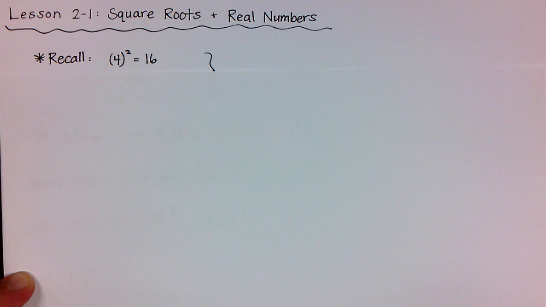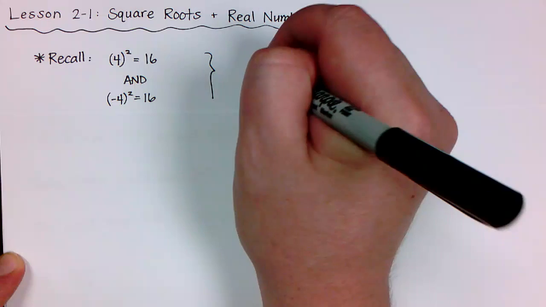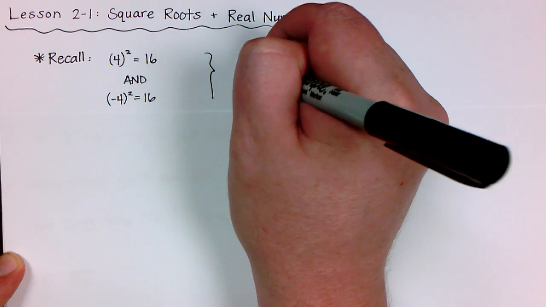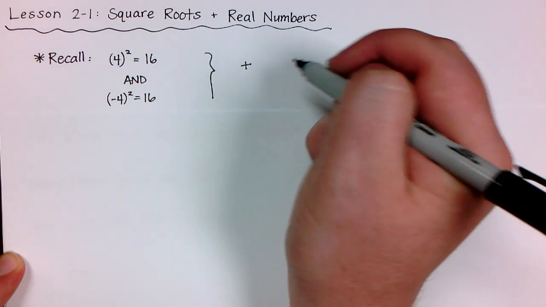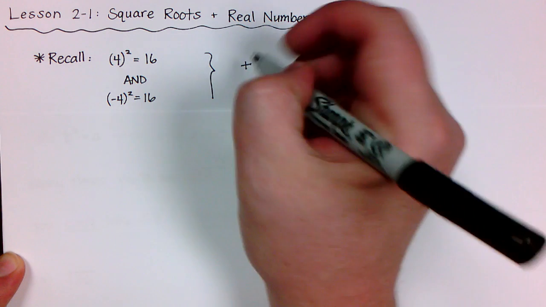so today let's just remind ourselves that 4 squared equals 16, because that means 4 times 4 equals 16. I can also get 16 if I compute negative 4 and square that, right? Negative 4 times negative 4 is also 16. So I can get 16 by having both the positive and the negative version and squaring it.